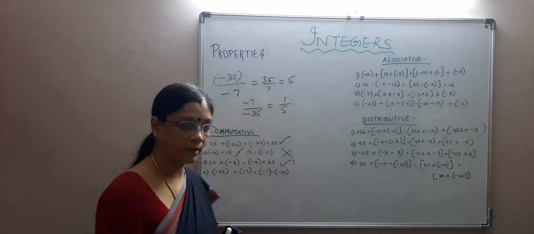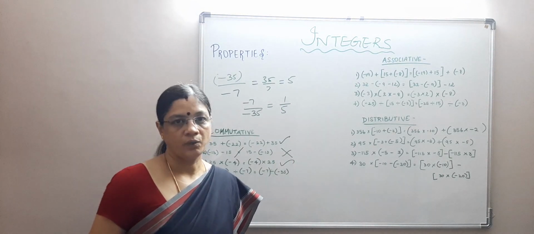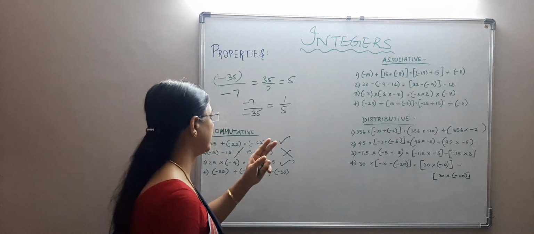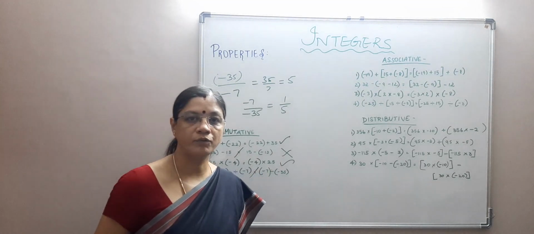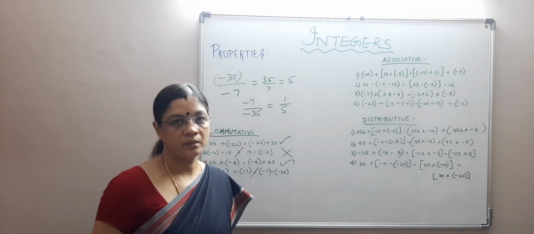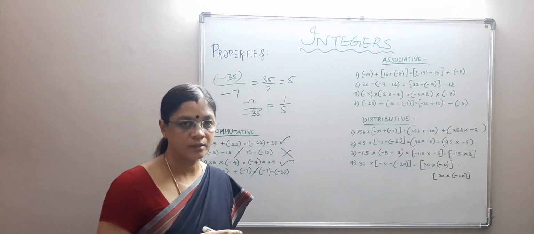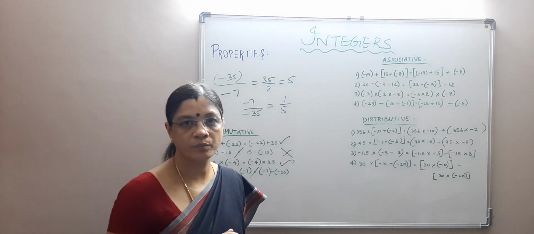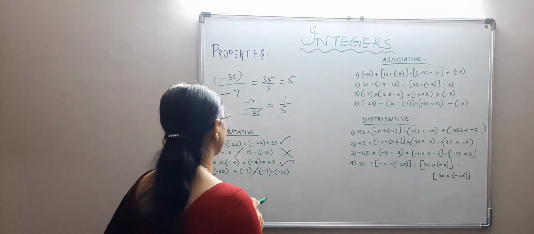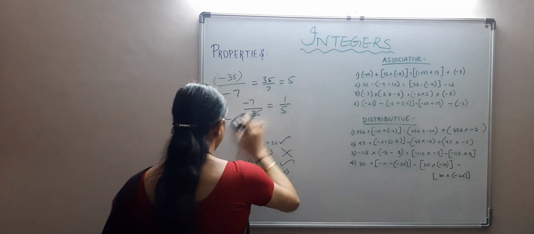So I get 1 by 5. Of course 5 is not equal to 1 by 5. So integers do not obey commutative property for division also. We have seen that even for closure property it doesn't obey, and for commutative also integers don't obey the property for division. Okay, now we have seen division.